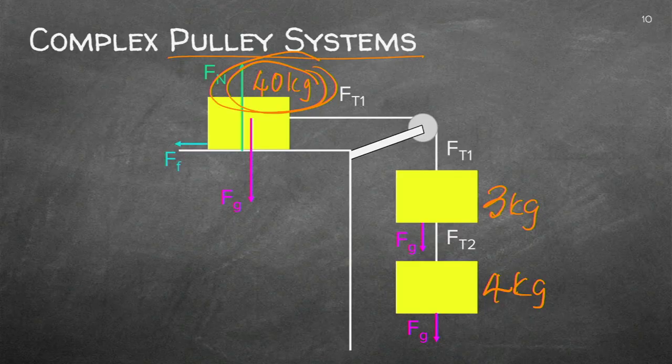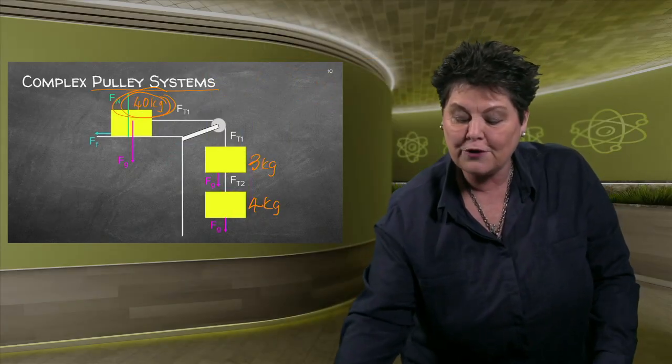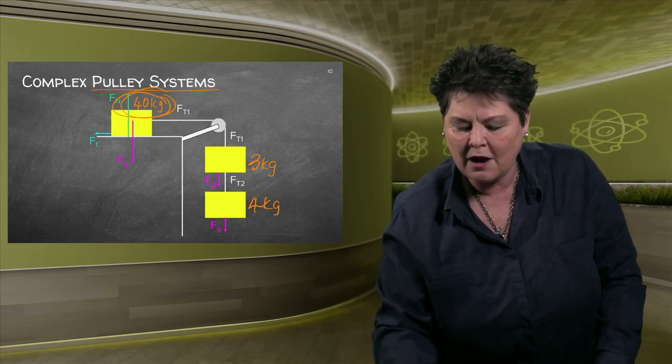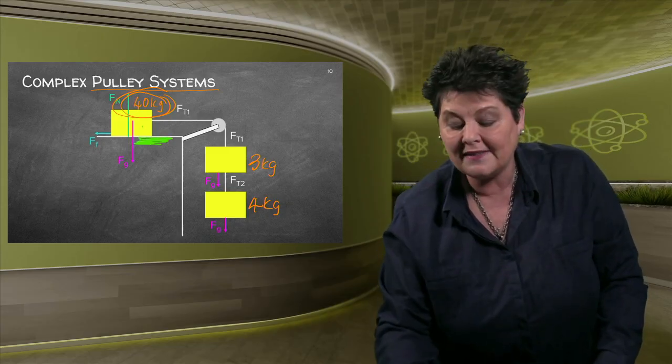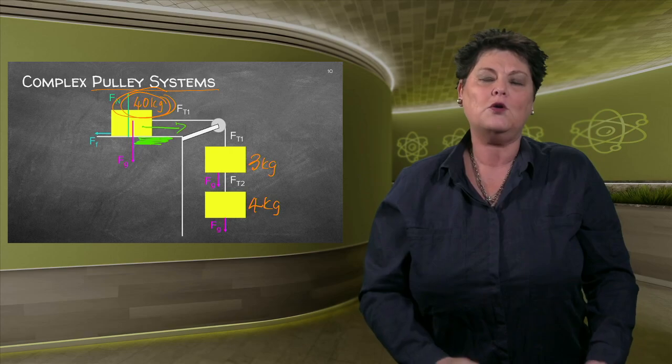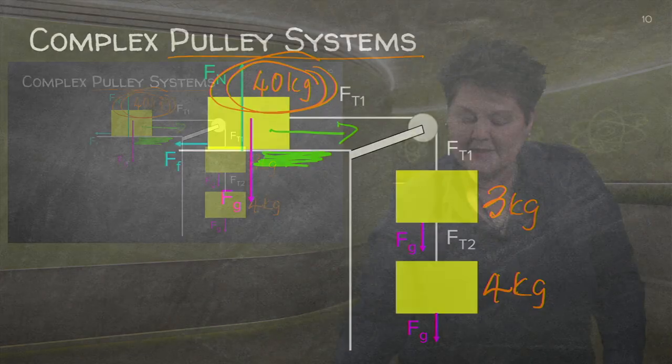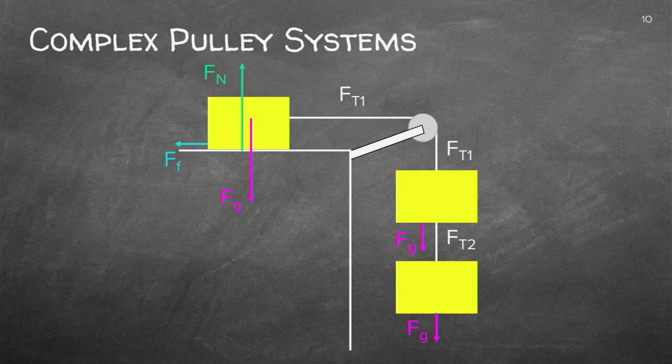But in all the cases that you are going to get, they will tell you it's frictionless. So there's no friction at that surface, which means it will indeed move that way. If we had friction, then the friction here would be equal to that, which means it won't move. But it's frictionless, so there's nothing to keep it.